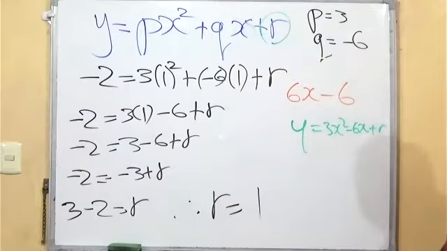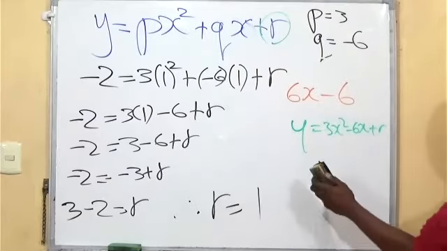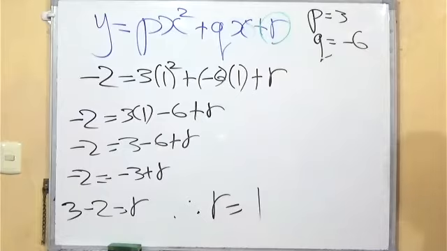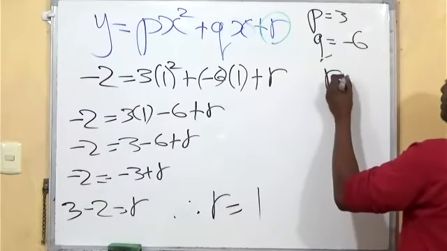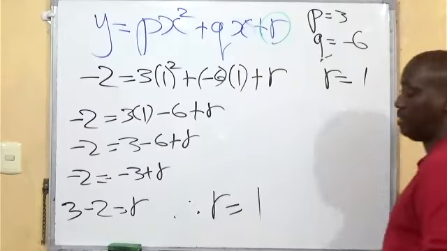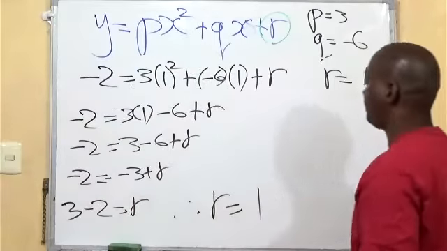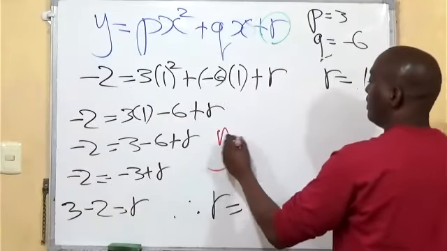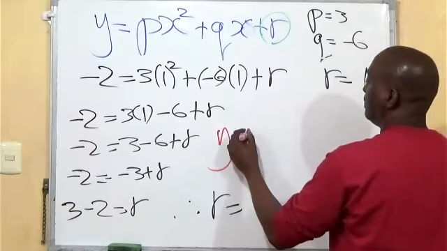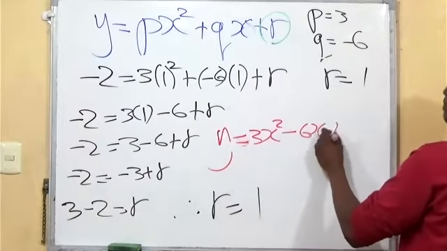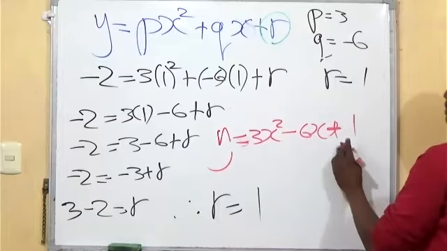Nice. So p is equal to 3, q is equal to -6, and r is equal to 1. So in other words, the equation of the curve is y equal to 3x squared minus 6x plus 1.